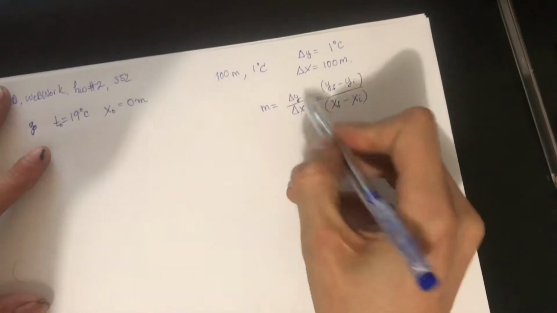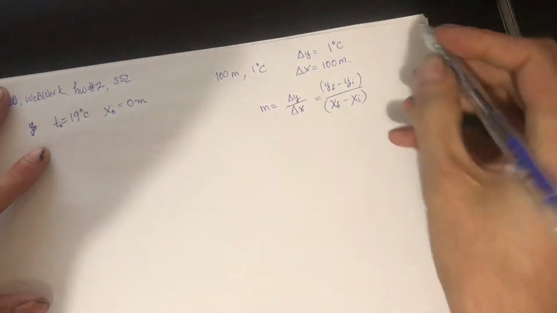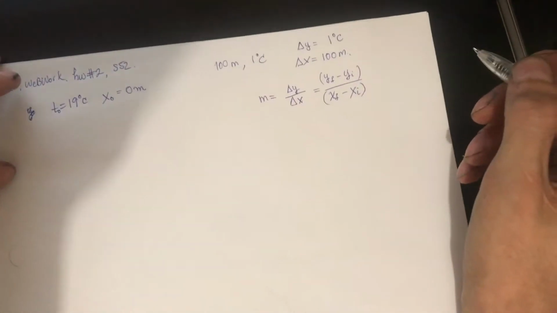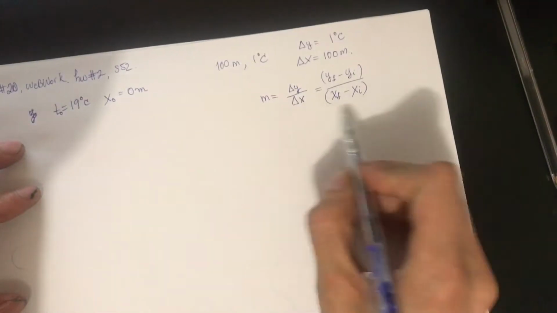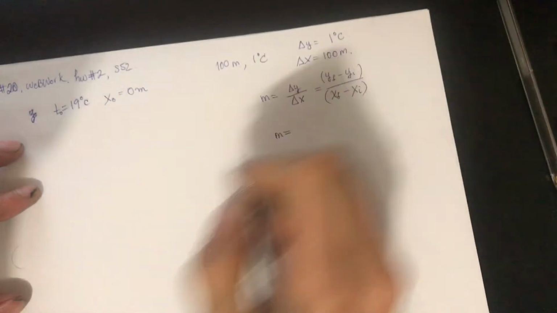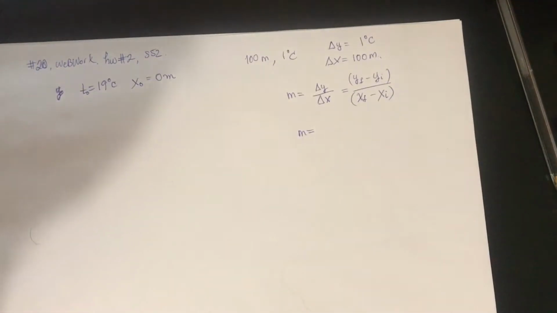Okay, I want you to express it in terms of delta Y, delta X, just because it is important that you start to use mathematical interval notation. So from here, let's analyze the problem first.